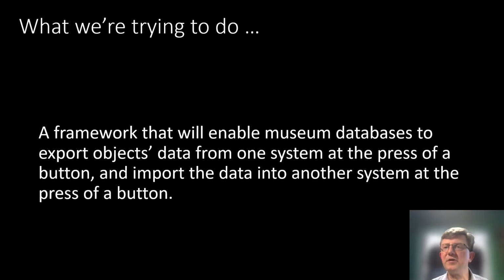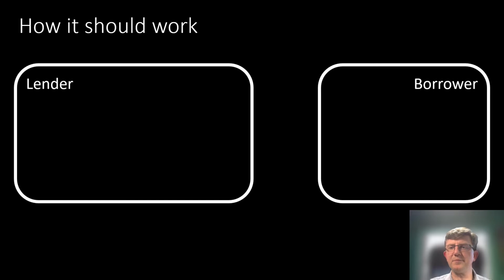Our aim is very simple: to make it possible to export object exhibition data from a lender's collections management system at the touch of a button, and to import that data into a borrower's system produced by a different software vendor just as easily. Now, it should work like this. We start with an object which has been recorded in a database.